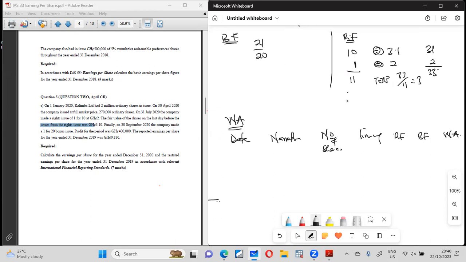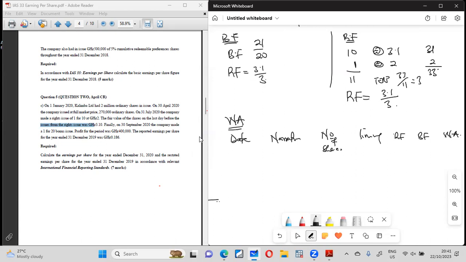Okay, so the right fraction will be what? The right fraction will be the price before, which is 3.1, over this one, 3. So we've gotten our right fraction. So we know that our bonus fraction is 21 over 20. Then our right fraction is 3.1 over 3. So that is what you do down.